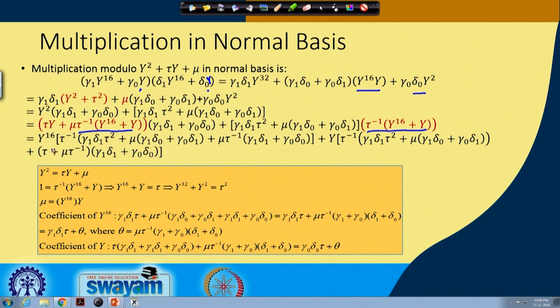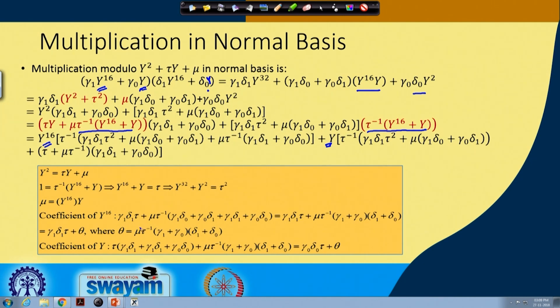So now if I just expand this, then I get terms which are involving y power of 16 and y, and therefore I have rewritten my result back in my normal basis. Okay. I started with my basis y power of 16 and y, and I have got the product also expressed in the same basis. Okay. So therefore, these are my two parts. That means this is my first part, and this is my lower part. Okay. And therefore, the corresponding results essentially stand for my two components of my result.